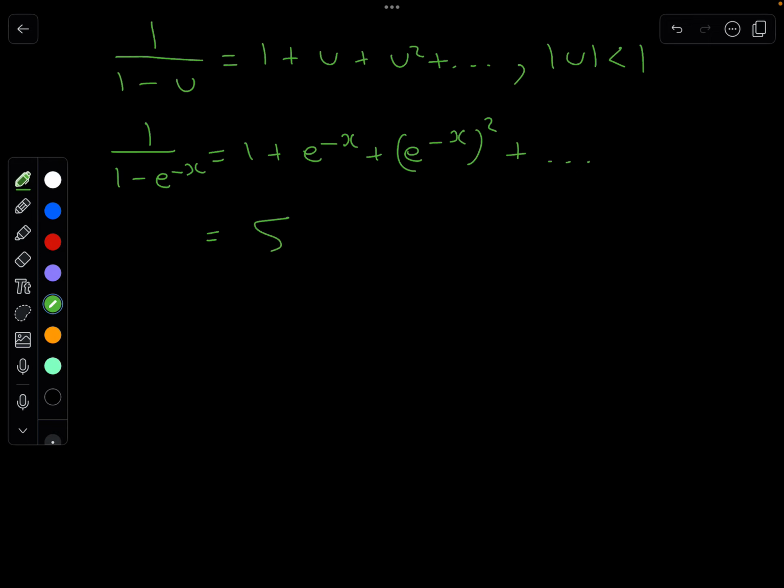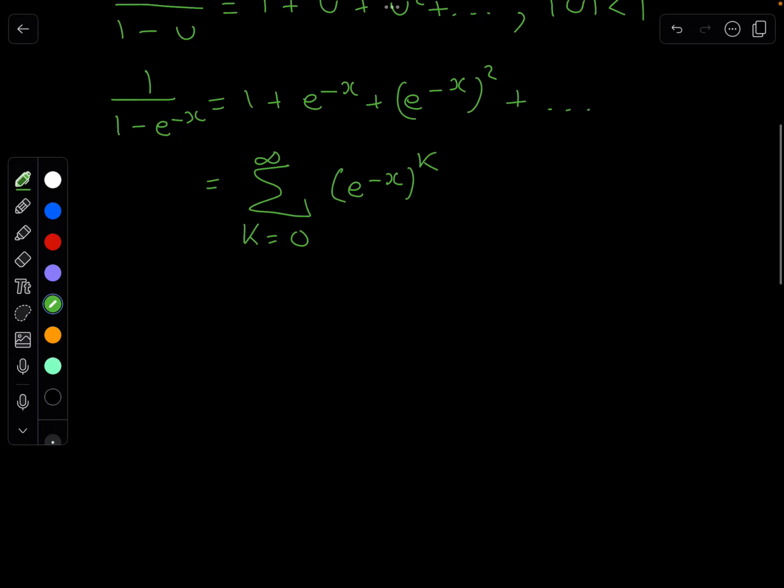That can be written in summation notation as a sum from k equals 0 to infinity of e to the negative x to the k.